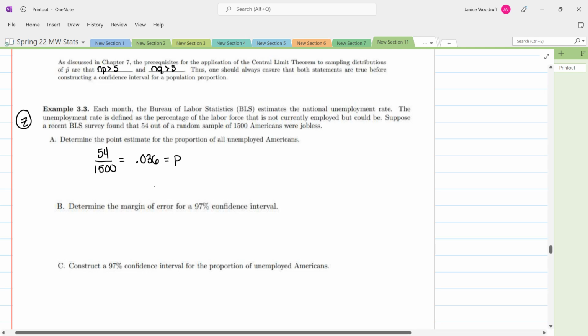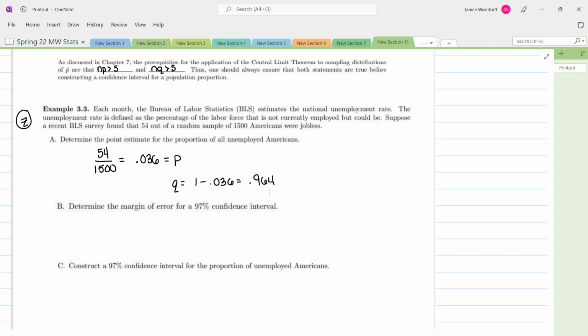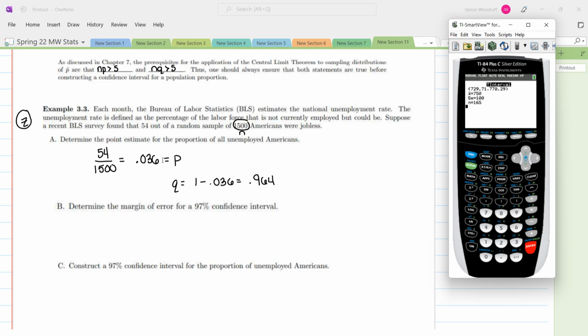Okay, now our q is going to be 1 minus 0.036, which is 0.964. Okay, now if we have a sample size of 1,500, we just want to make sure that np is greater than 5, so 0.036 times 1,500.